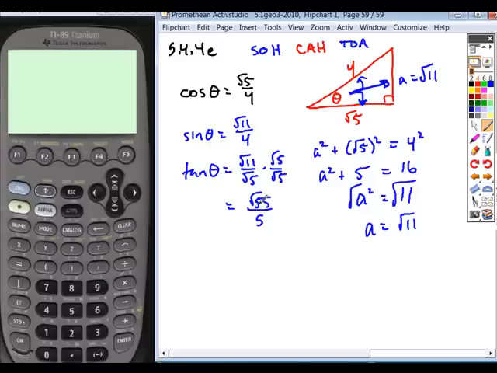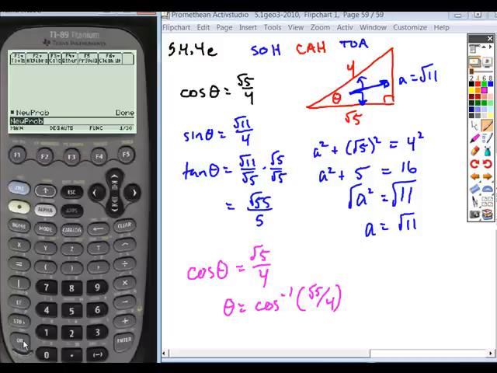Okay, now, the other way that you could possibly do this, and again, depending on what form they ask you to put your answers in, is you could actually find what the angle measure is. So we could have taken this original given information and solved for theta. And to do that, we would take the inverse cosine of it.